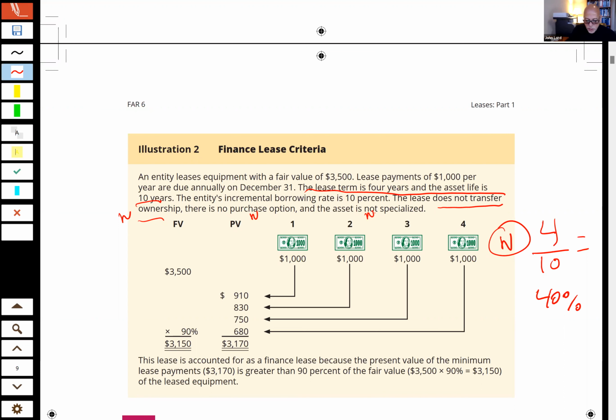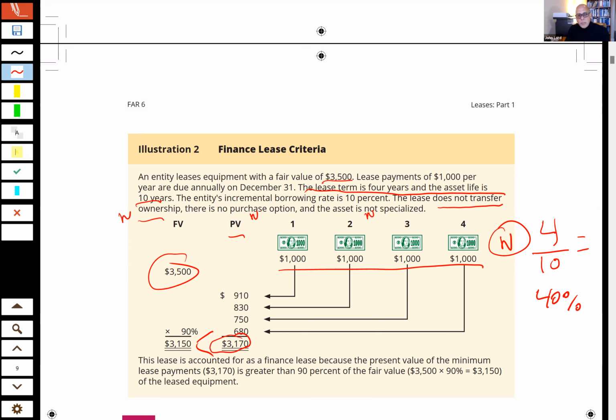And so we take a look and you use present value, guys. You have to use present value. So these cash flows, and by the way, they show them discounting the cash flows one at a time here. You'd probably use the present value of an annuity factor because it's $1,000 a year for 4 years. But when you do, you come up with this present value of 3,170. That 3,170 against the fair value of the property of 3,500 is greater than 90%, isn't it?